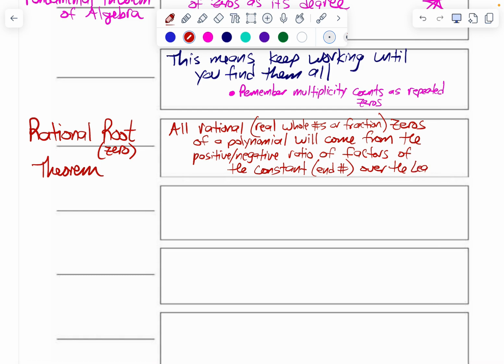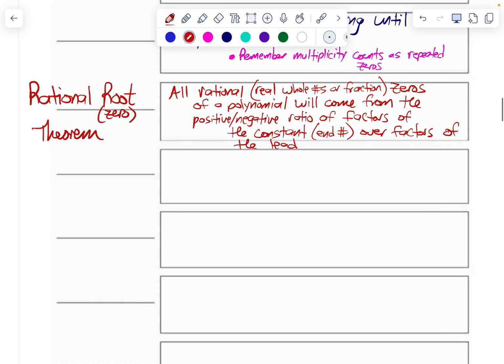Over, I should say specifically, factors of the lead coefficient. Of course, an example will help because this is fairly wordy.